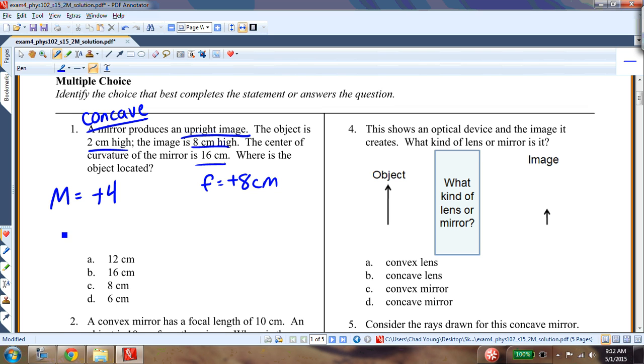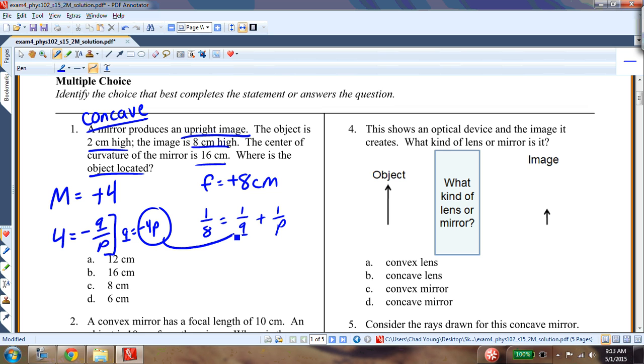All right, where is the object located? I know that 4 is equal to negative q over p, and I know that 1 over 8 equals 1 over q plus 1 over p, and I want to know what is p. So I'm going to solve this and say q equals negative 4p. I'm going to put it in here for q.